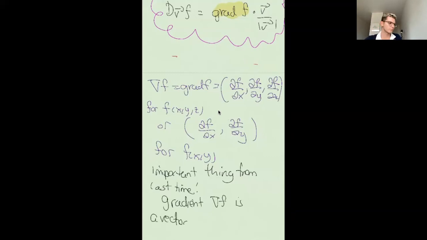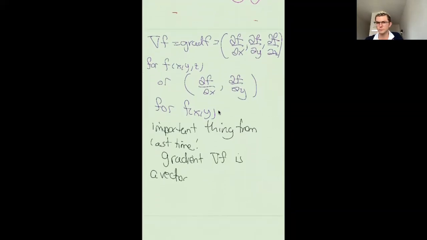And as a vector, it has a fun feature: if you look at the level curves of a function, the gradient happens to be perpendicular to the level curves.